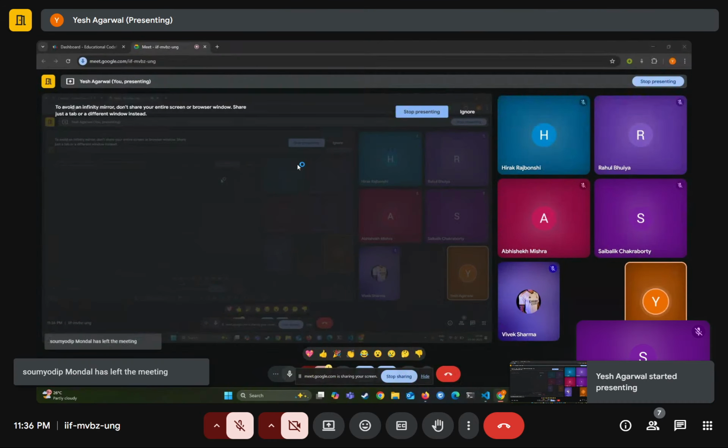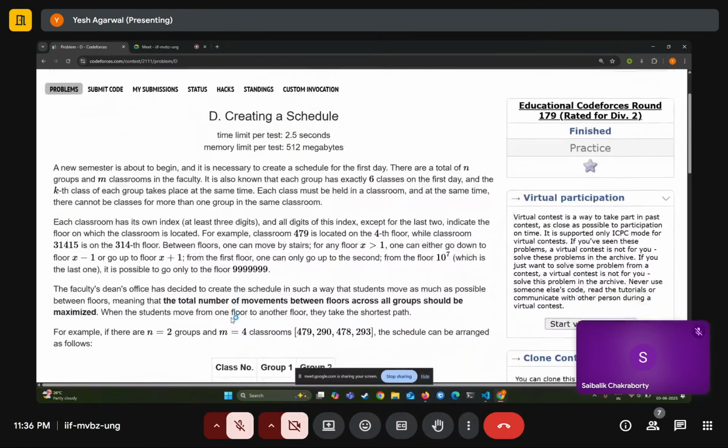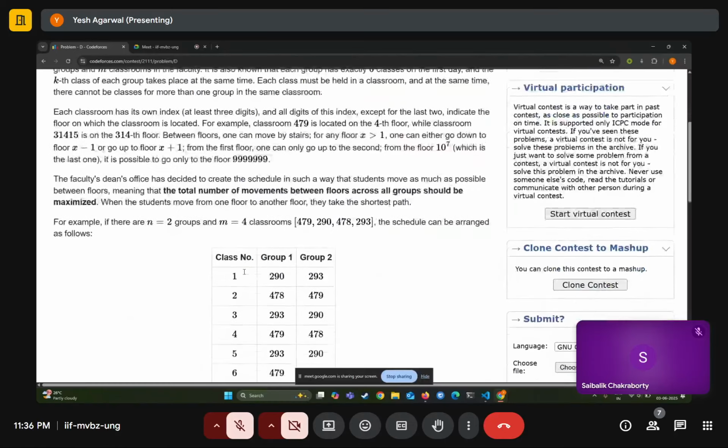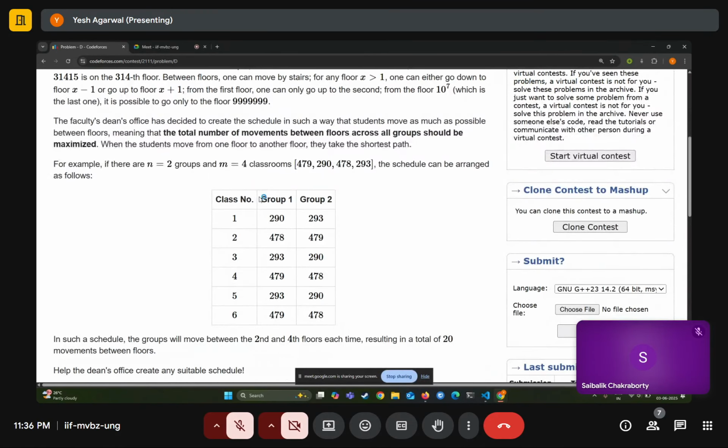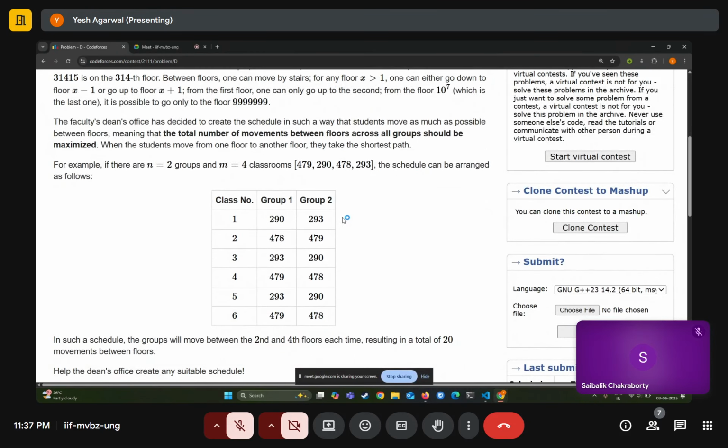So I'll be discussing questions D and E. Basically, what question D is saying is that the dean of the college has multiple floors. Each floor is designated by the digits except for the first two.